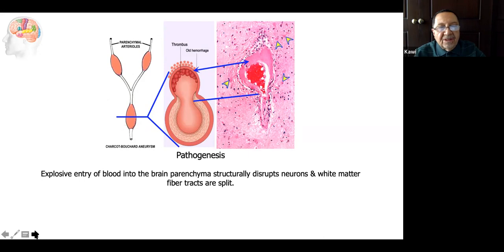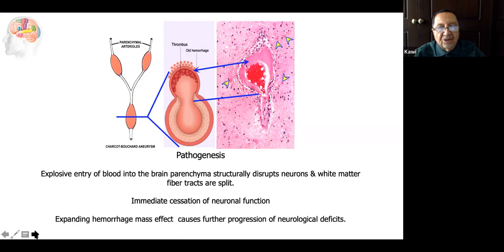So the pathogenesis is the explosive entry of blood inside the parenchyma and immediate cessation of neuronal function due to the accumulation of blood, and the expanding hemorrhage mass effect may further lead to progression of neurologic deficit, either by mass effect or by causing herniation.